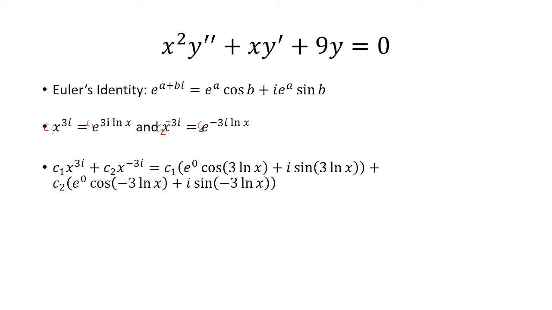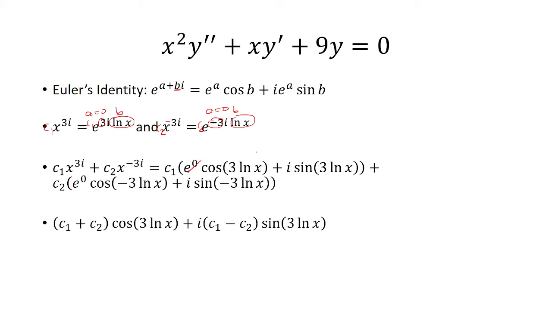So that's just c1 e to the 0 times cosine 3 ln x, because if you ignore the i, 3 ln of x will be the b over here, and then the negative 3 ln of x is going to be the b for the other one. And there's no a here. a is going to be 0 in both cases. So that's why I have the e to the 0 power. So what goes inside is just b, which is 3 ln of x, and negative 3 ln of x.